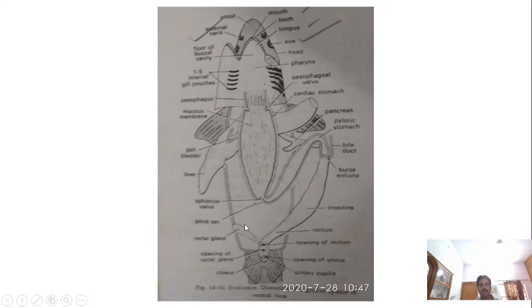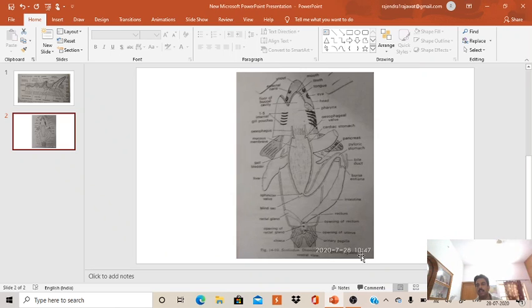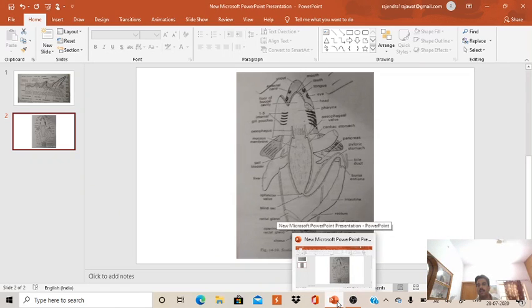So this is the structure of the digestive system, and the food of Scoliodon is mainly other fishes and other animals. So it is a carnivorous animal with predaceous habit. So this is all about the skin and digestive system of Scoliodon.